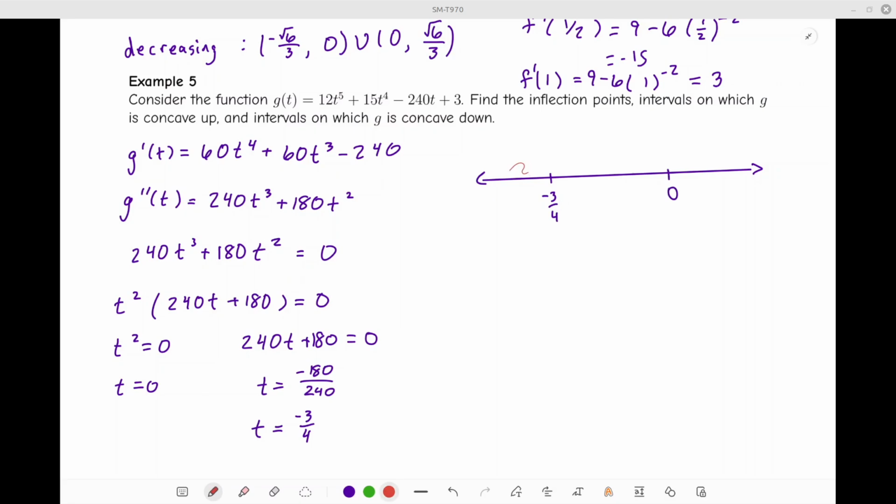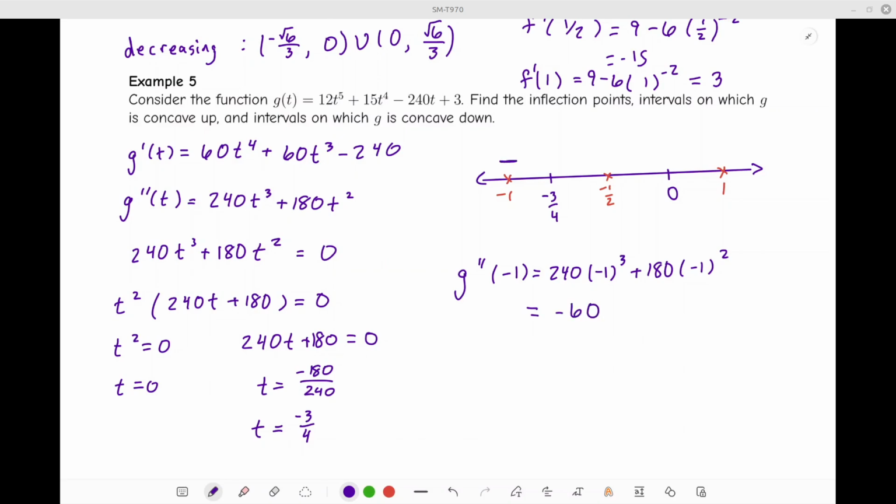0. My test points: negative 1, negative 1/2, and positive 1. So then g double prime of negative 1, which is 240 times negative 1 cubed plus 180 times negative 1 squared, which is negative 60.